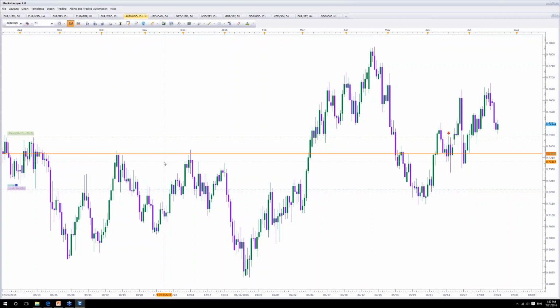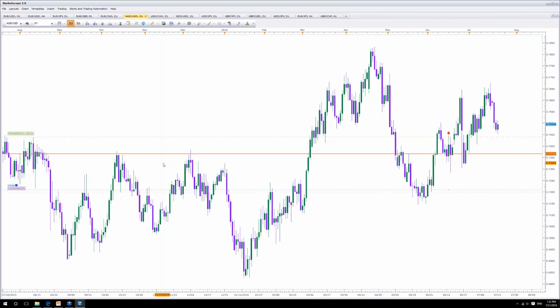On the fundamental side, from Australia's point of view, we saw a little bit of a downside because the RBA showed some worries, and they also mentioned that they may not necessarily like a stronger Australian dollar. China, which is Australia's trading buddy, is not doing that bad, but not so well either.